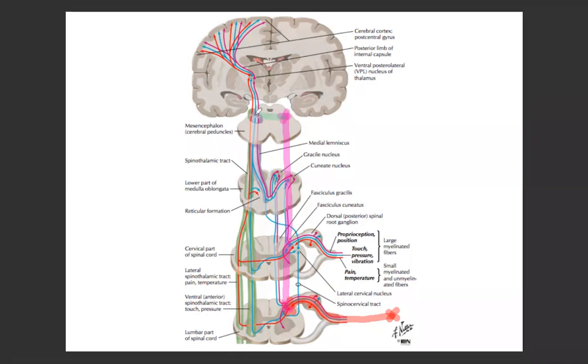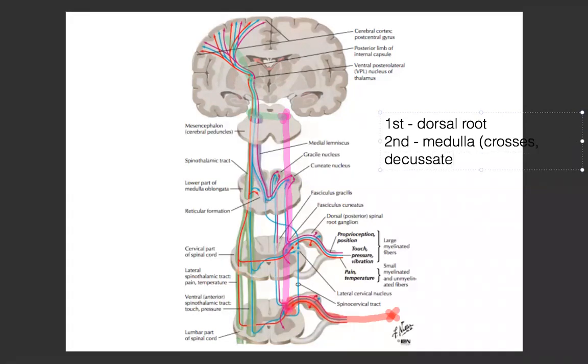This is something important. إنه في الميدولا it crosses to the other side and then continues to the thalamus and to the brain. تمام. يعني the first order neuron في الdorsal root في spinal cord. تمام. A second order neuron في الميدولا and it crosses to the other side. Or in other words it decussates. تمام. بعد ذاك الthird order في الثالاموس.